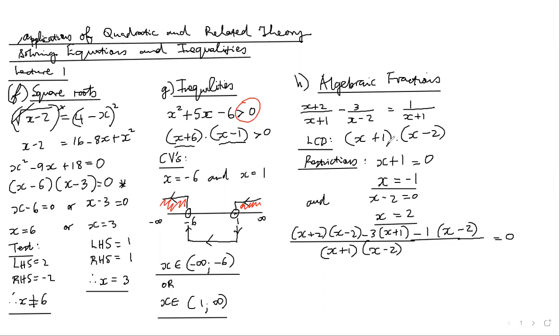Now, note we did declare the restrictions and we have an expression on the left equals 0. So we simply can drop the denominator at this point only because we declared the restrictions. So we're left with x squared minus 4 minus 3x minus 3 minus 1x plus 2 equals 0.